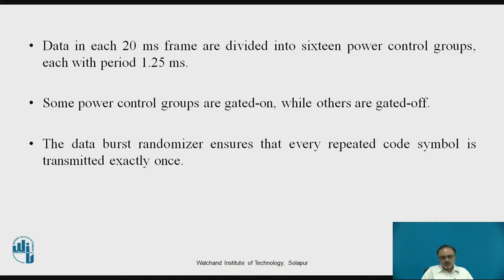Some power control groups are gated on while others are gated off, and the data burst randomizer ensures that every repeated code symbol is transmitted exactly once.